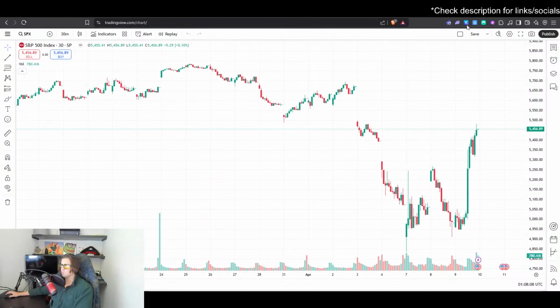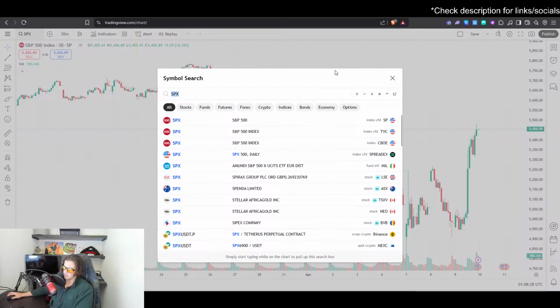Well, when you get a chart that's set up like this, up here in the top left, it'll tell you what the instrument is. So right now we're looking at the S&P 500 index. And when I say ticker or symbol, let's say you're looking at Apple.